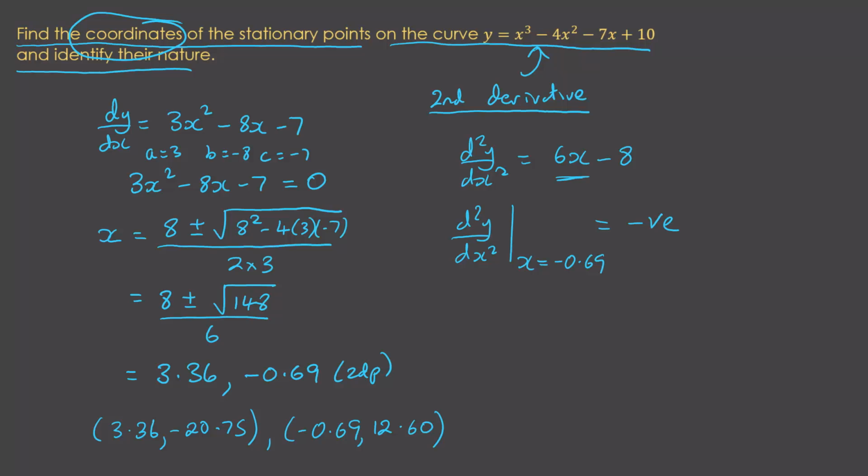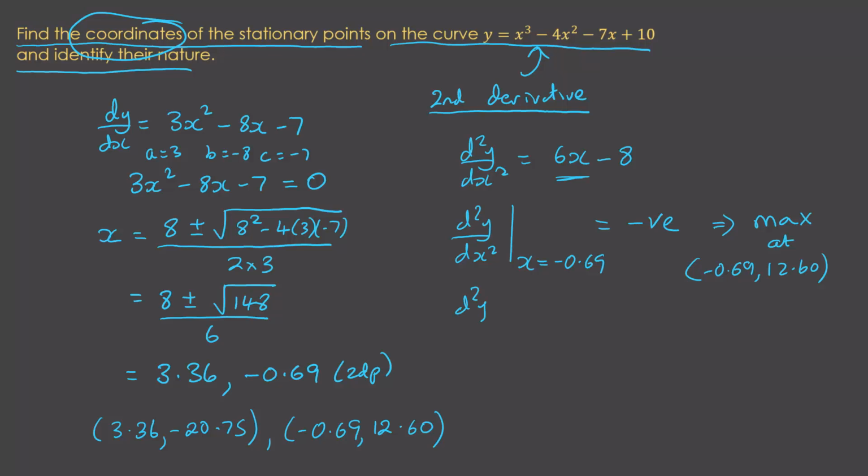Because that's going to be negative when we substitute into it. And negative implies a maximum. So we've got a maximum at negative 0.69, 12.60.